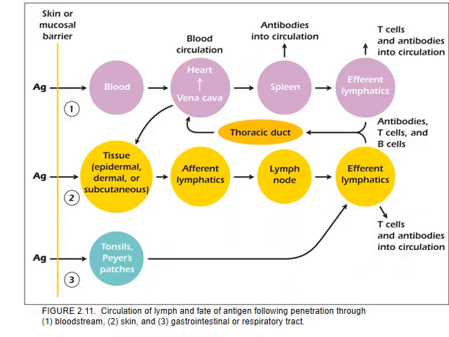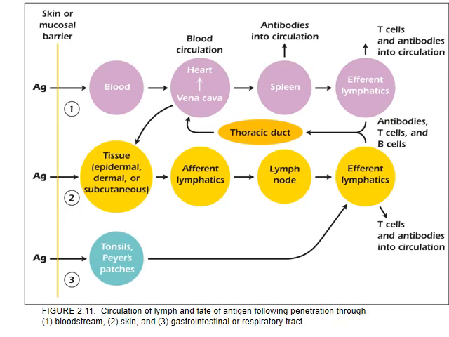Okay, this again was an important part because I wanted to ask you that there's a circulation of lymph, and what are the possible routes for antigen to enter into us, and what would be the fate of that?